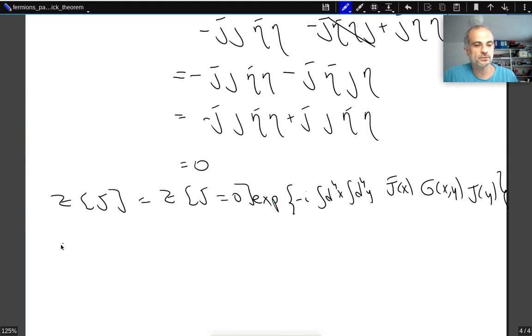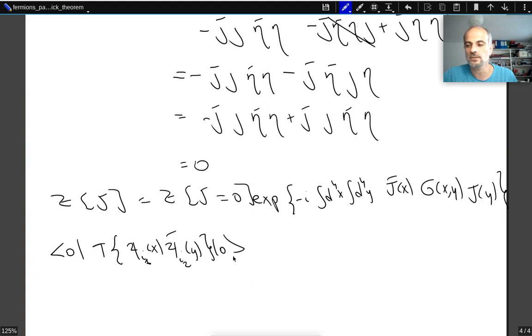So let's first look at psi I1 of x psi bar I2 of y. We had already calculated this, so we know what this is.